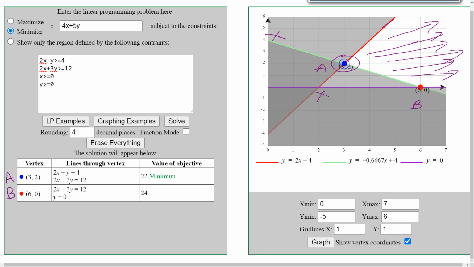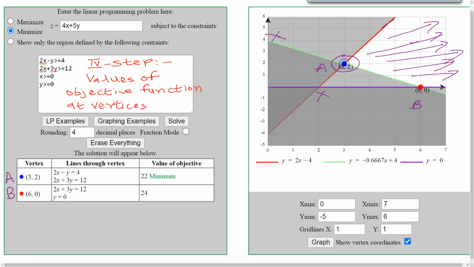Now, the last step of solving a linear programming problem, which is the fourth step, is to determine the values of the objective function at the vertices of the feasible region.